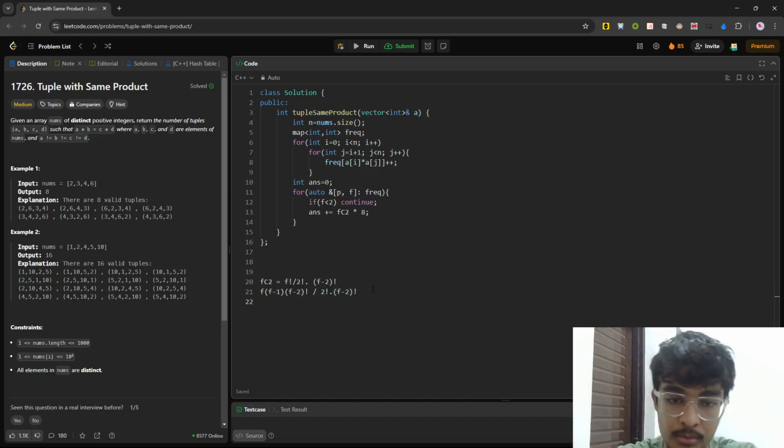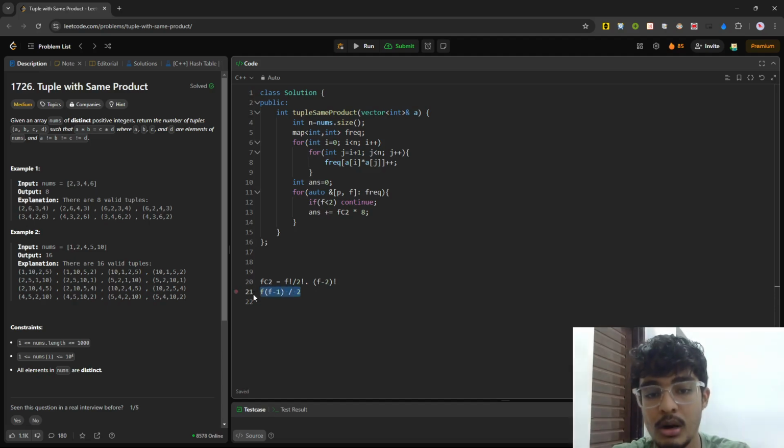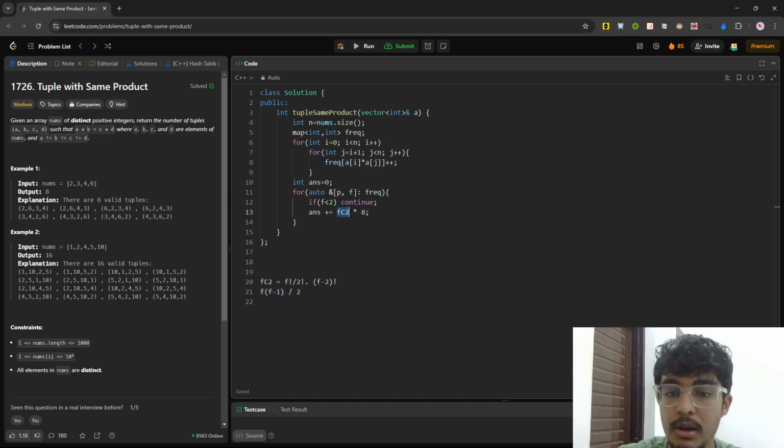Now I can cancel these out, and this 2 factorial simply means 2. So our expression becomes f into f minus 1 by 2. I can simply write this here.